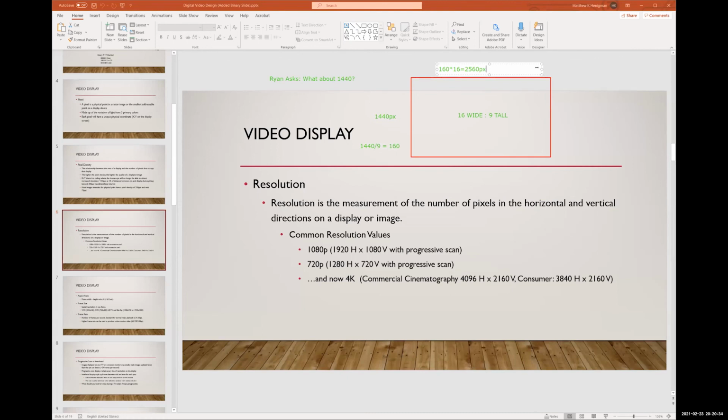So the overall physical resolution of a 1440 display is going to be 2560 pixels in width by 1440 in height.